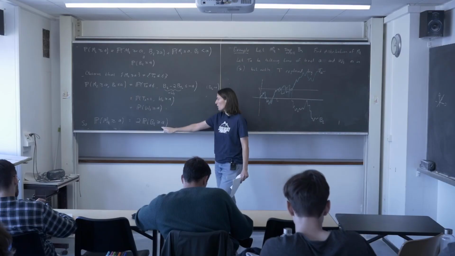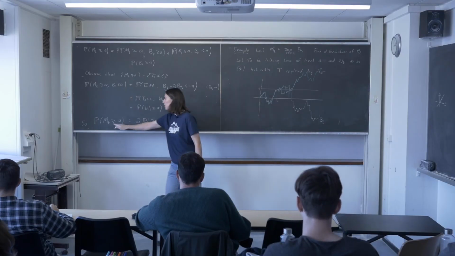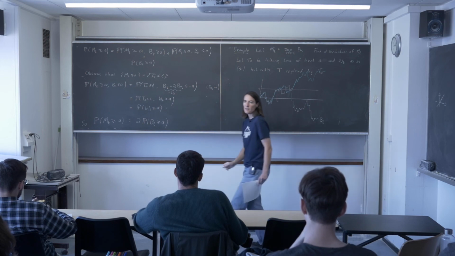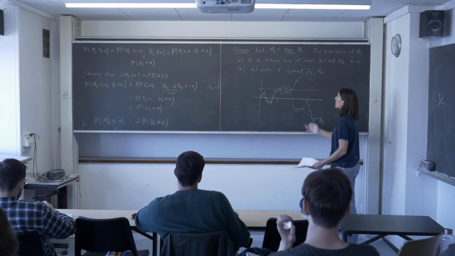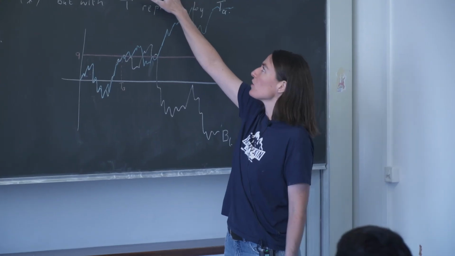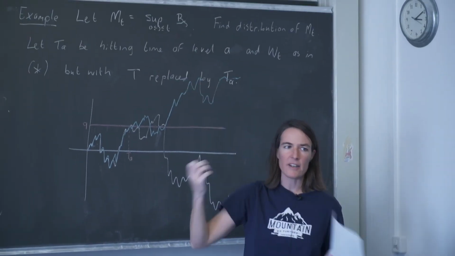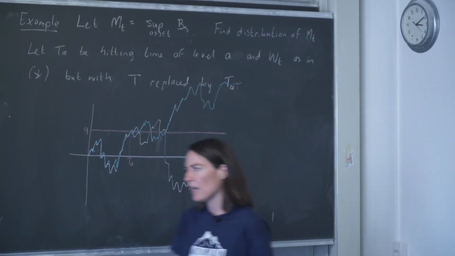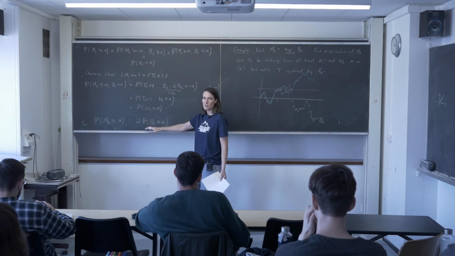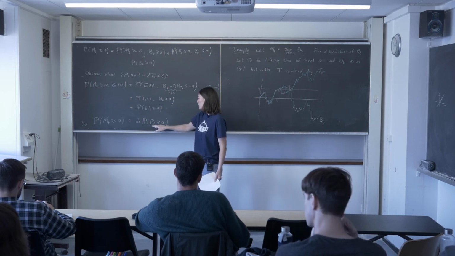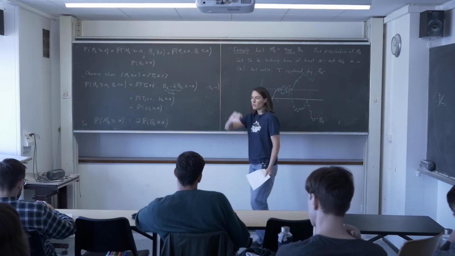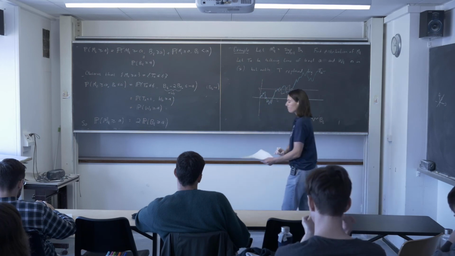And I know what the distribution of this is. So using the reflection principle, I took quite a difficult problem, trying to understand a supremum over uncountably many random variables, and I showed I can write down the answer explicitly. It's just twice the probability of Brownian motion exceeding a certain level.